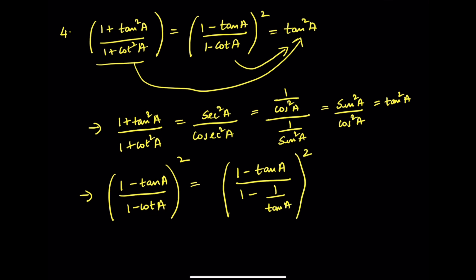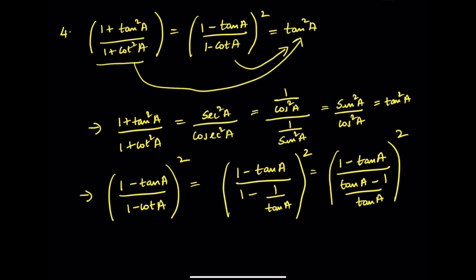Now let's solve the denominator. Here we would get (1 minus tan a) divided by ((tan a minus 1) divided by tan a), the whole square. Now we can cancel the numerator and the denominator, but this would retain the minus 1 value.